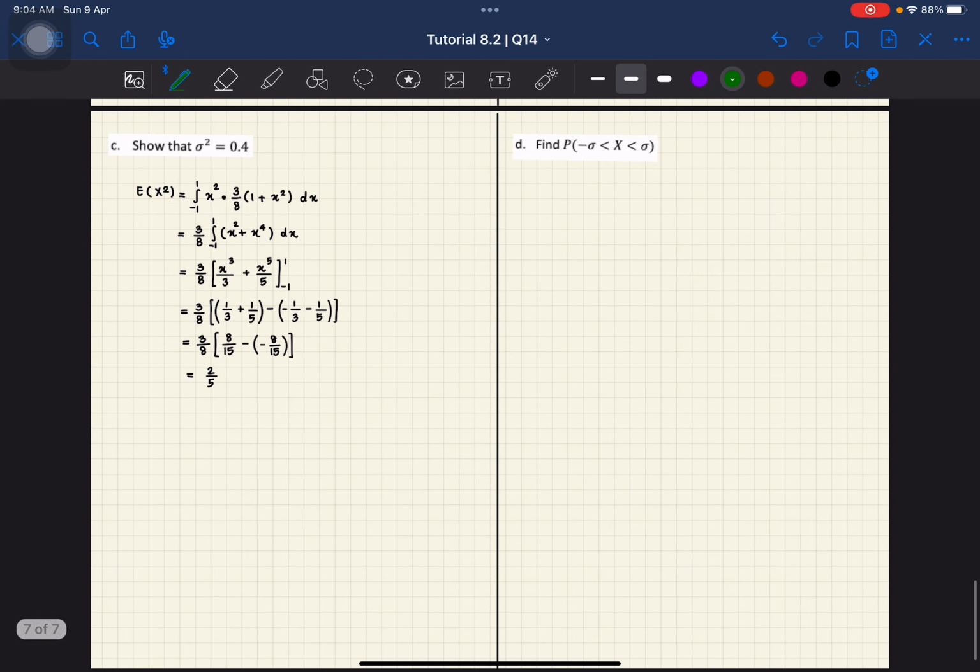Part C. Soalan minta kita show that sigma square is equal to 0.4. This one. Okay, so sigma square tu stands for apa? Sigma square stands for variance. So this one is for variance. Maksudnya sekarang soalan nak awak cari variance and awak kena tunjuk variance awak tu sama dengan 0.4.